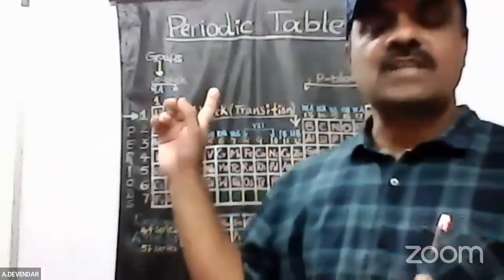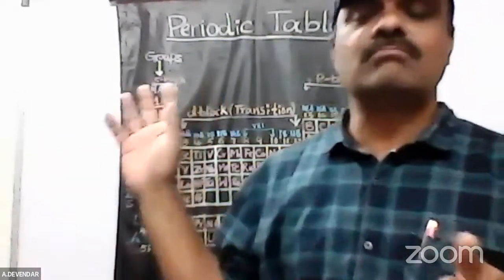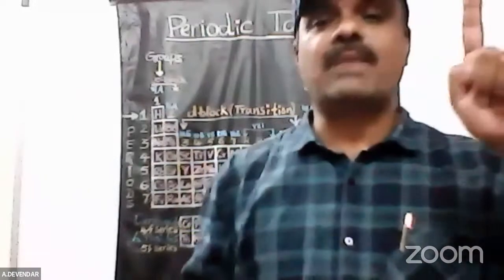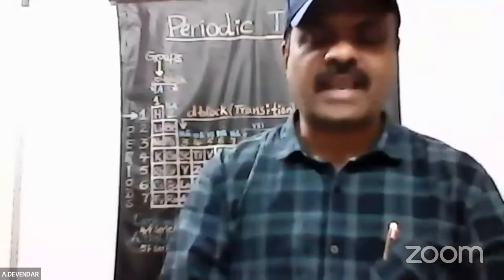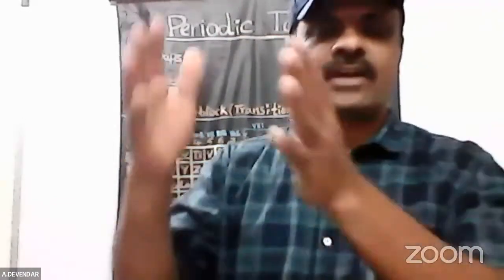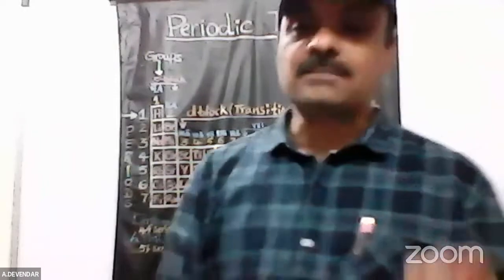Already you know that. First A and second A, groups 1 and 2, are called S block elements. The electronic configuration of the first group is what? NS1. Second group electronic configuration is NS2. That means S block elements' electronic configuration varies from NS1 to NS2. See, simple. It is over for one group.